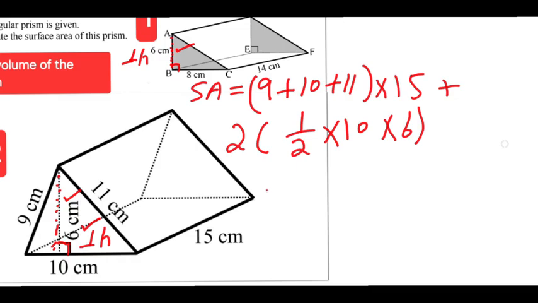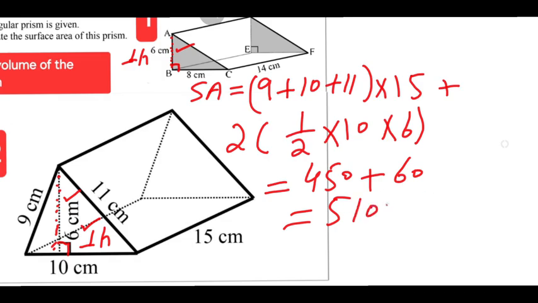Multiply 6. Now I'm going to solve. 450 first plus 60, the answer is 510 centimeters squared. This is my final answer. This is the surface area of this shape.